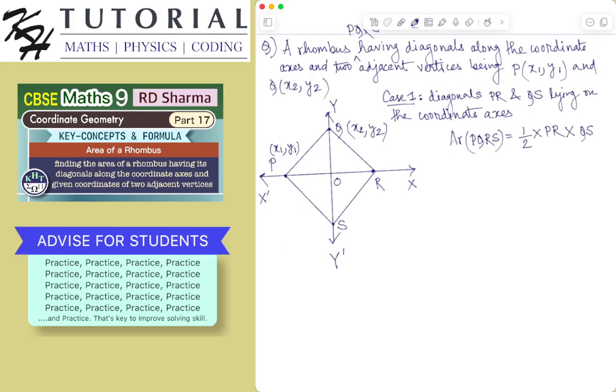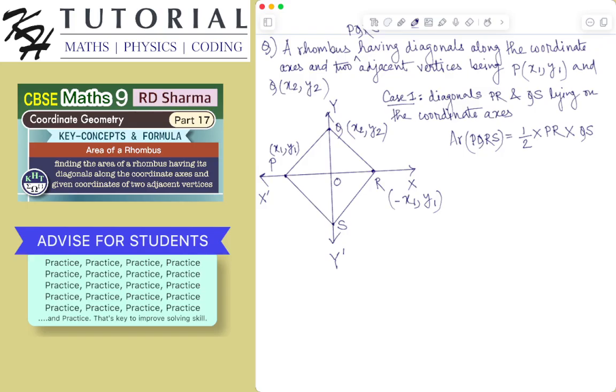So the coordinates of the vertex R will be minus x1, y1, the negative of the abscissa of the point P and the same ordinate. Vertex R is the image of the vertex P in the y-axis.